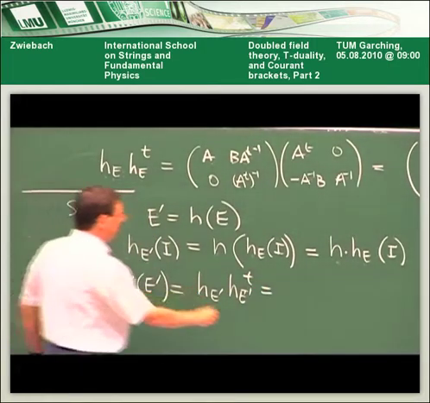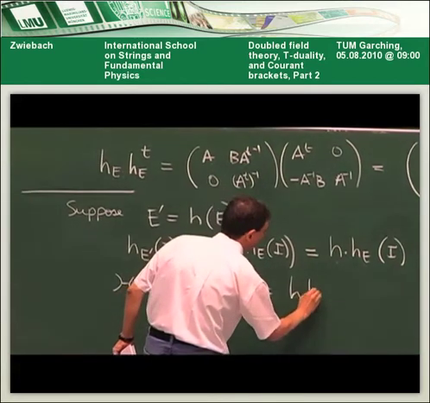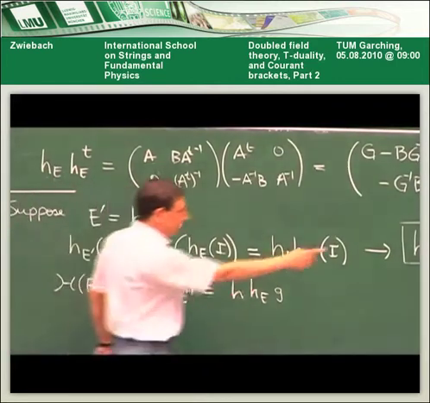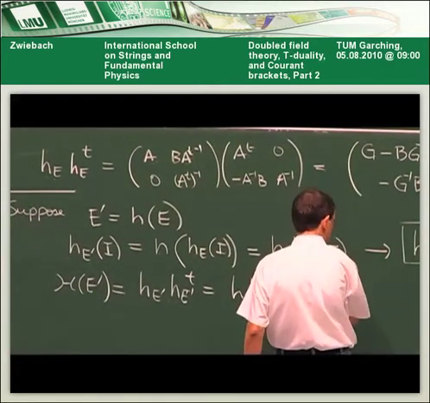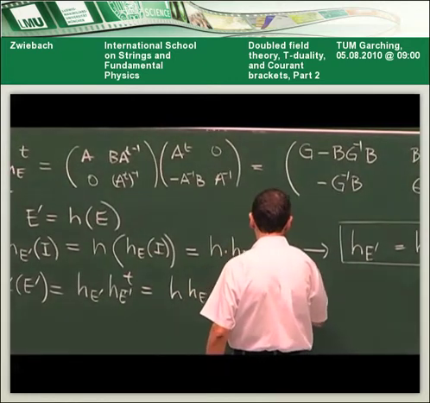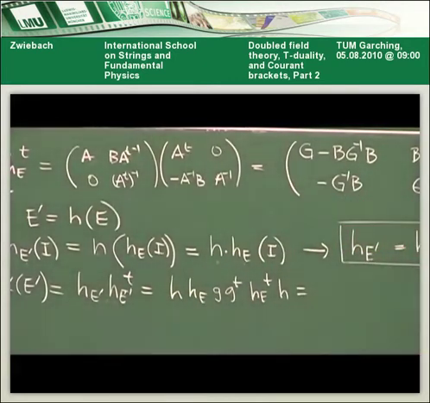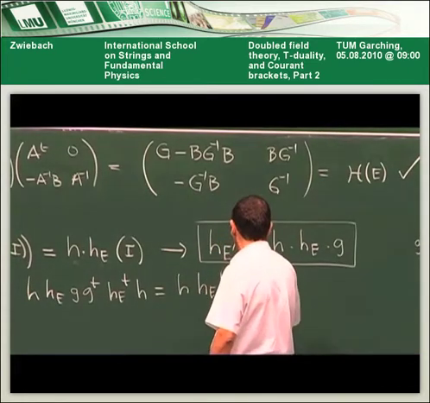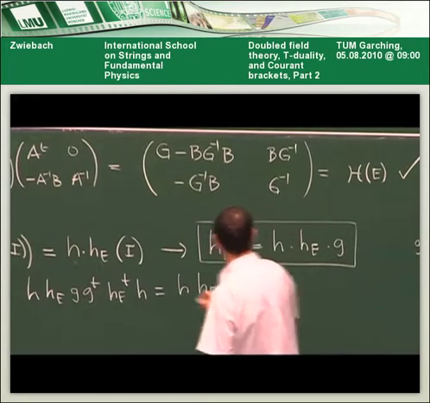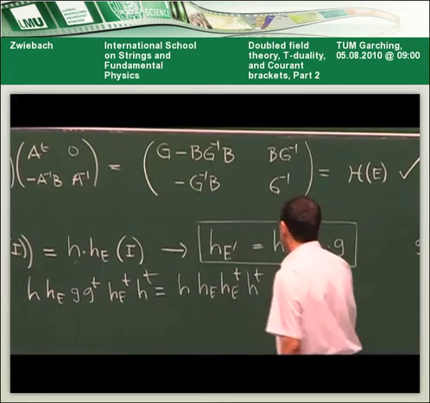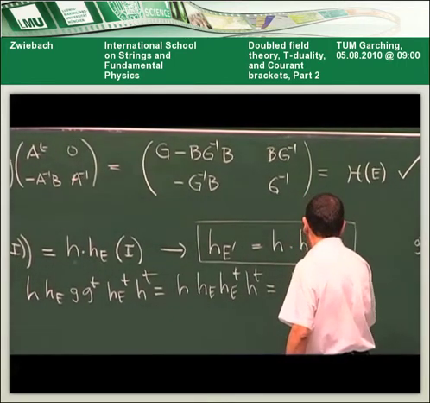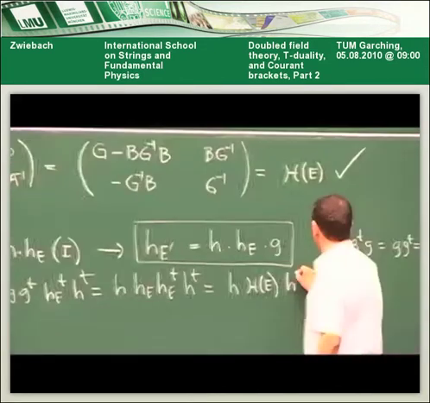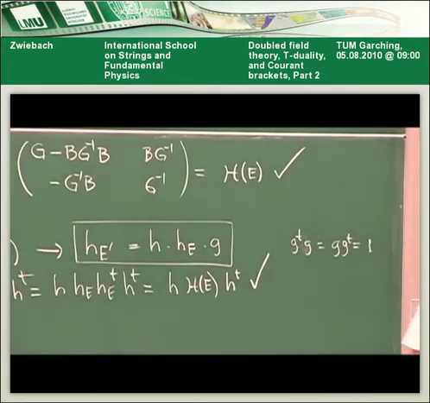But HE prime is equal to HE G, and HE prime transpose is G transpose HE transpose H. The G G transpose disappear, and you get HE transpose H. I'm missing a transpose here. And therefore, this is H, generalized metric of E, H transpose, and that's what we wanted to show.